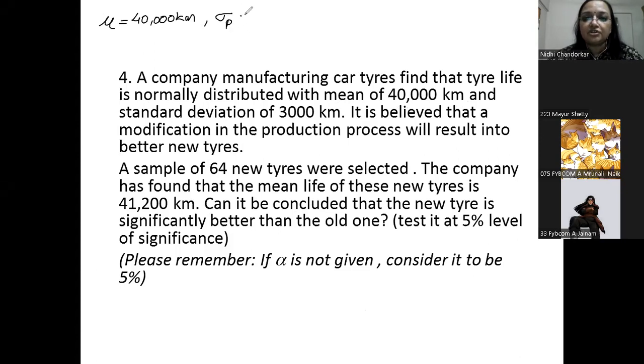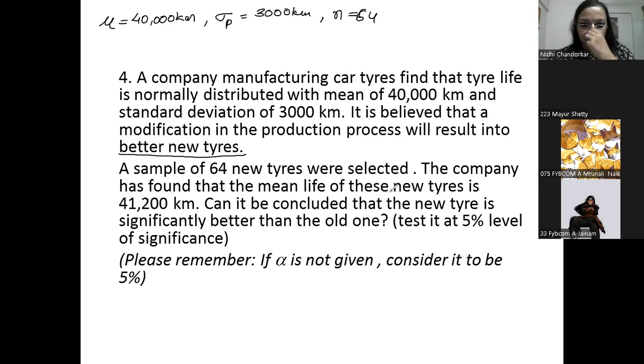So standard deviation of the population is 3,000 kilometers. It is believed that modification in the process will result into better new tires. Okay. So a sample of 64 new tires were selected. So sample size kitna hai?